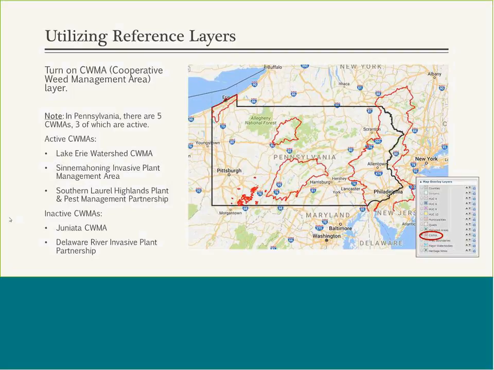Currently inactive are the Juniata, which is the big blob in the south central part of the state, and the Delaware River Invasive Plant Partnership, which is the big one on the right-hand side.